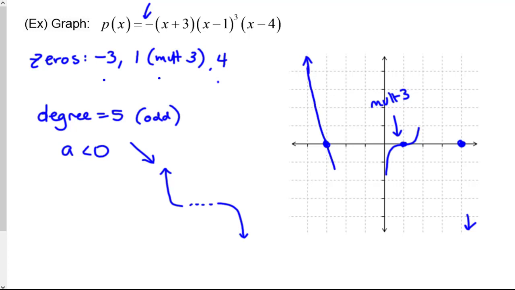So pass through here, come down, meet this graph, back up, and then like that. Just do your best to make sure it's very visible that your graph is multiplicity 3 there, so it looks more like a cubic polynomial.